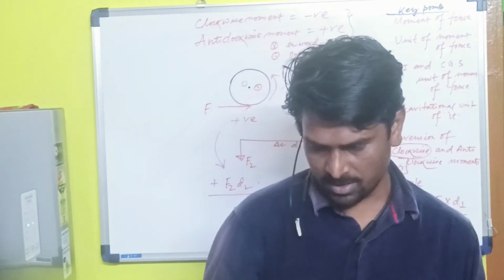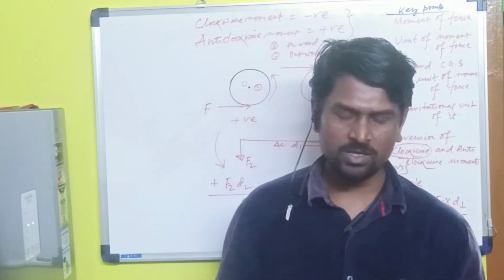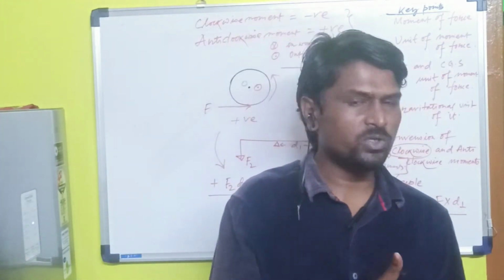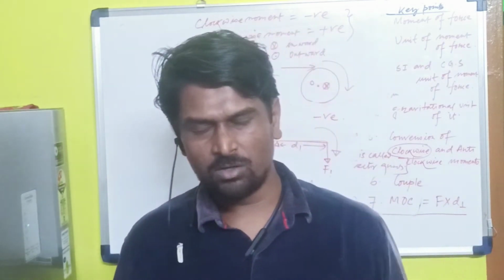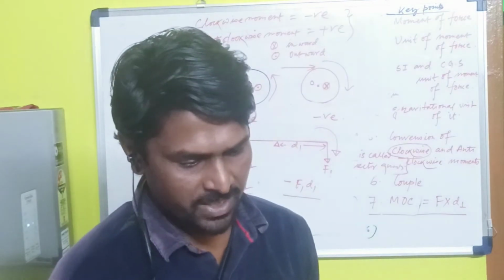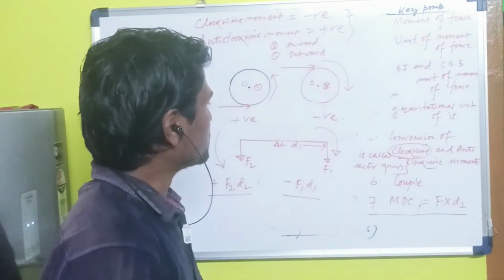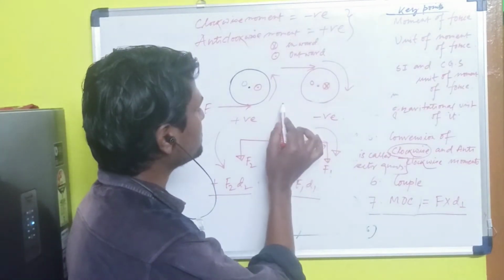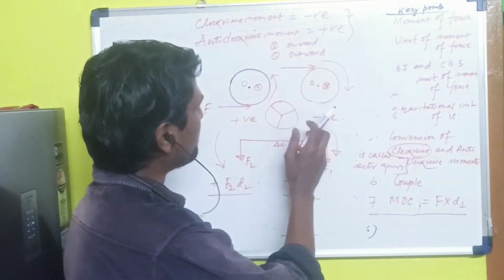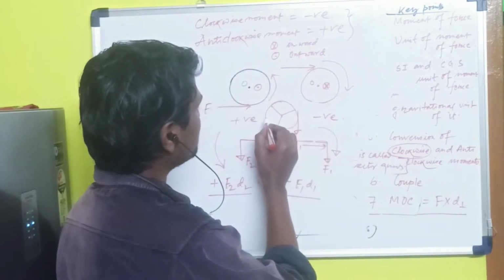If we think about the turning of a bottle cap, the key in a lock, or the turning of a steering wheel, all these concepts are related to couple. Suppose this is a steering wheel, and we apply a force like this, along this direction and along this direction.